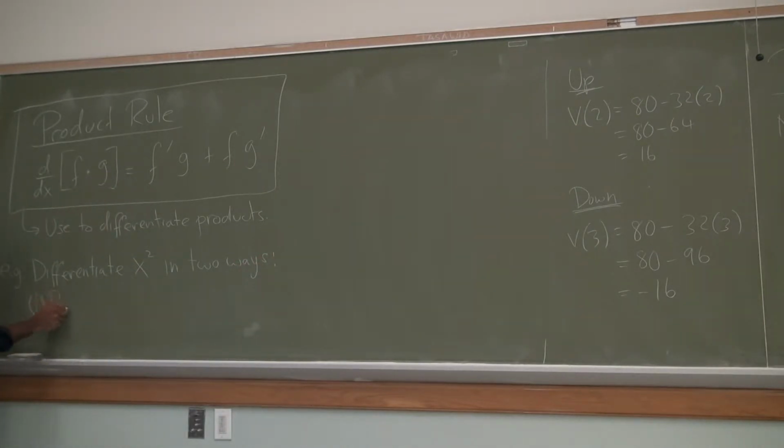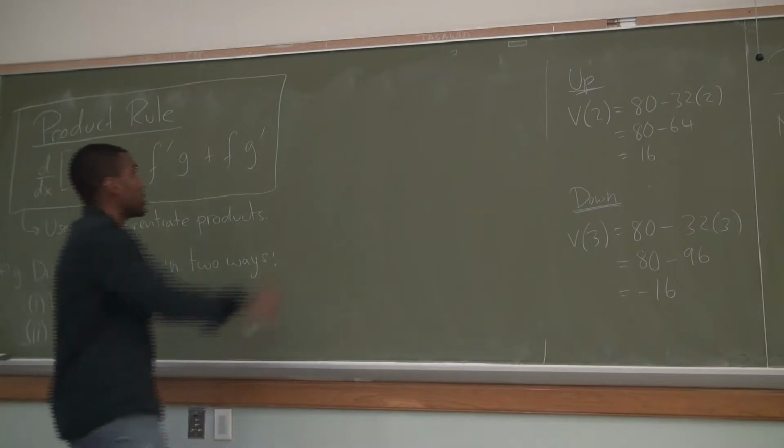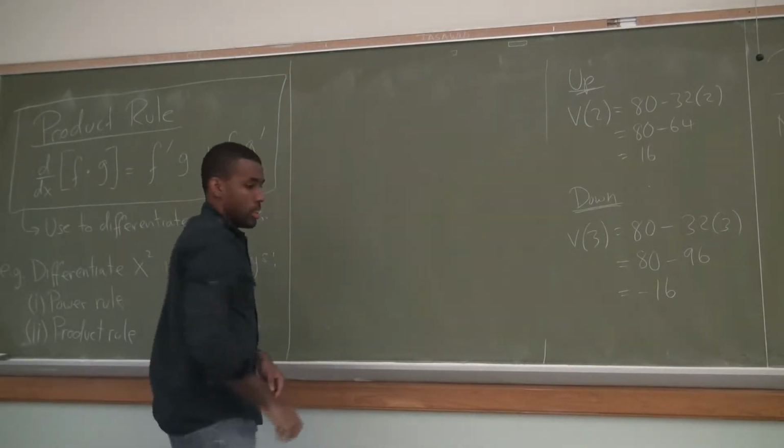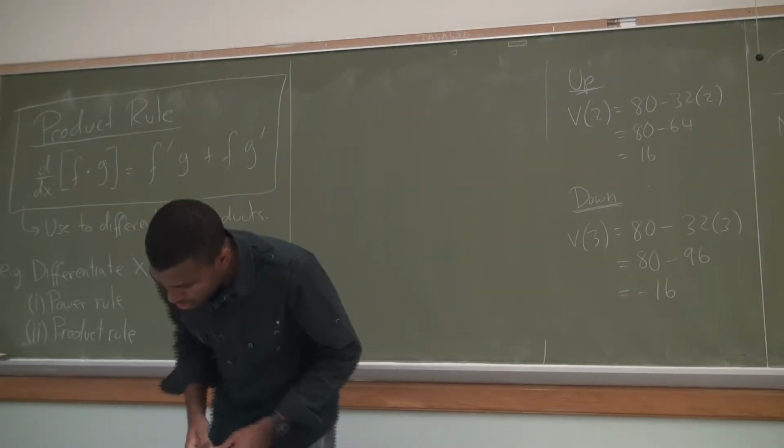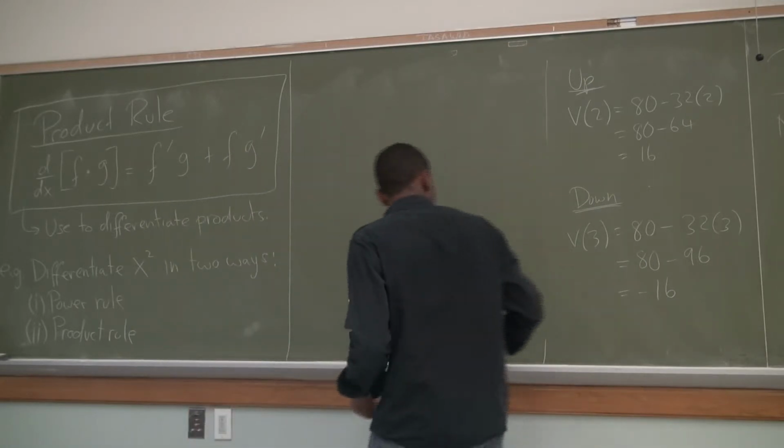One, power rule. Two, product rule. So we're going to convince ourselves that this sort of makes sense by doing something where we know what answer it should give us if we apply the product rule. And second example.